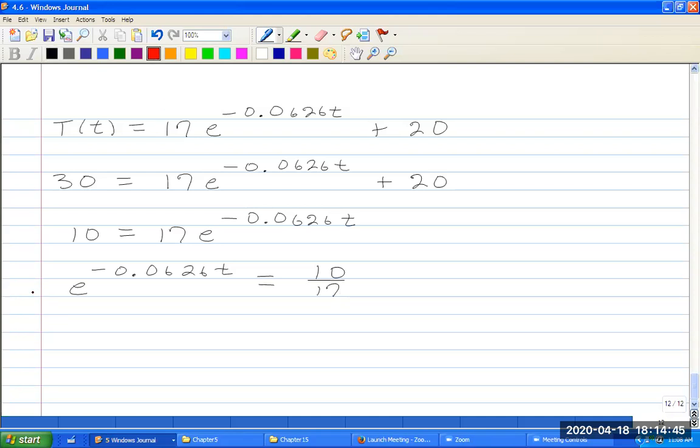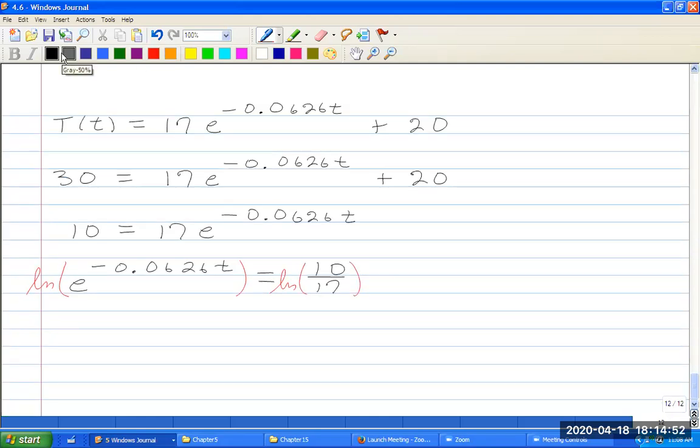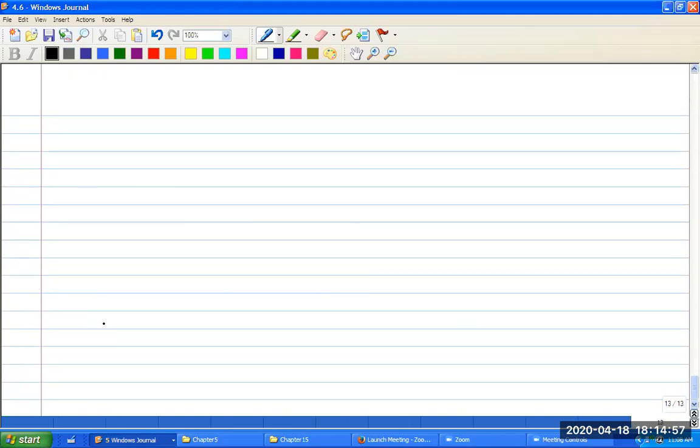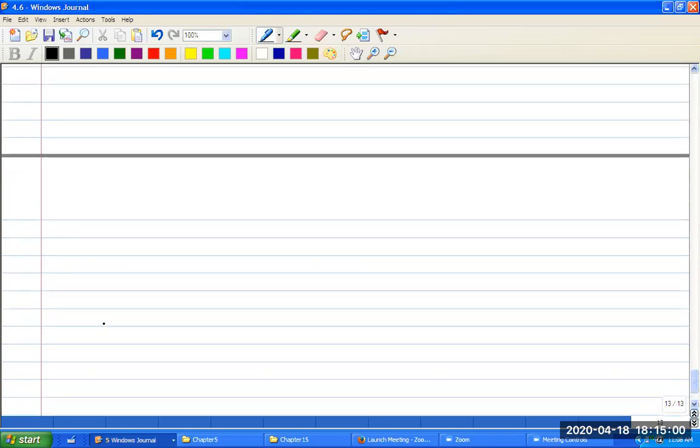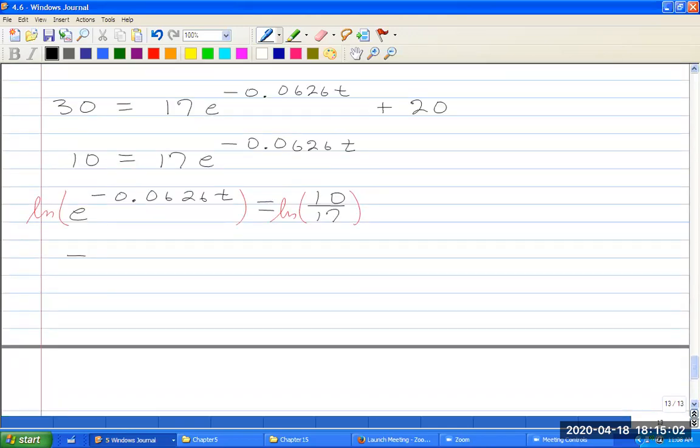Take ln of both sides of your equation. ln e to any exponent is just the exponent. And so this is negative 0.0626t is equal to ln 10 over 17.